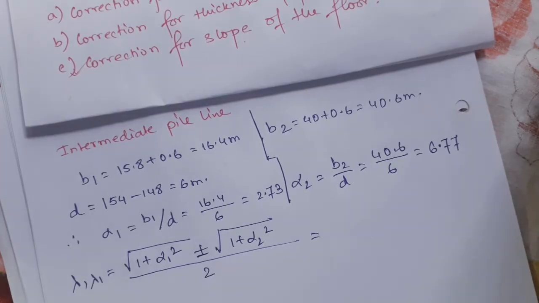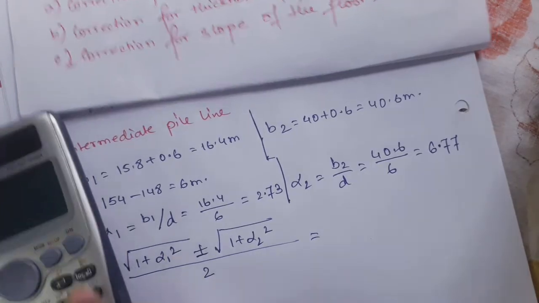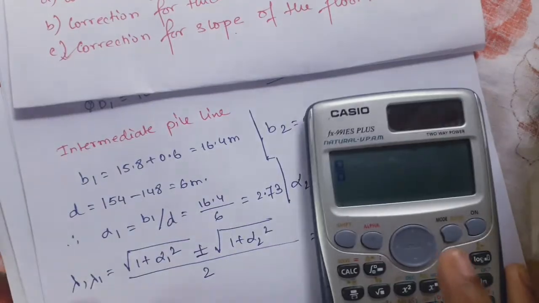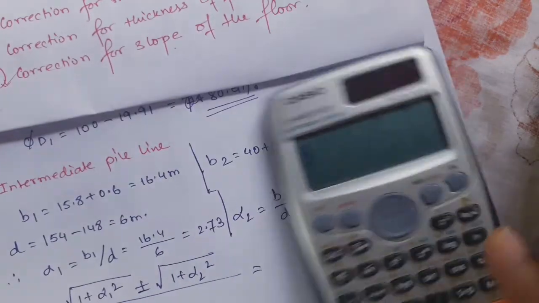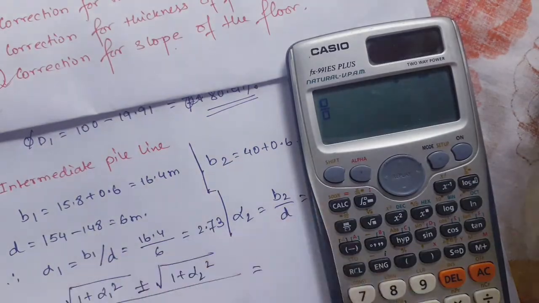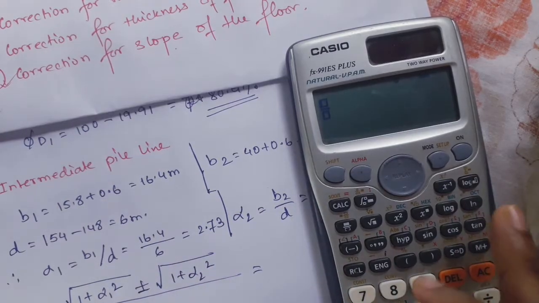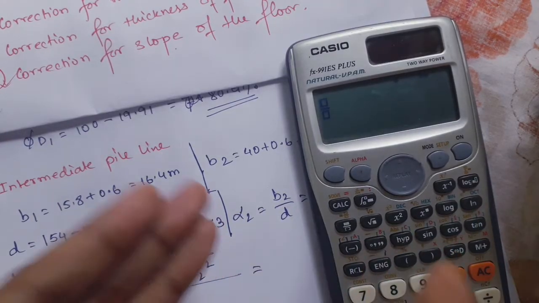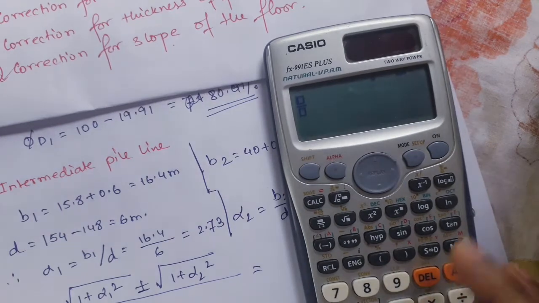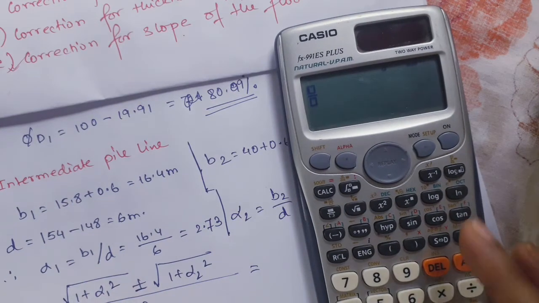So here we will calculate this. Having this calculator, it is quite easy to solve this problem in a very short time. So if you have this calculator, please go through it. It will be quite easier.